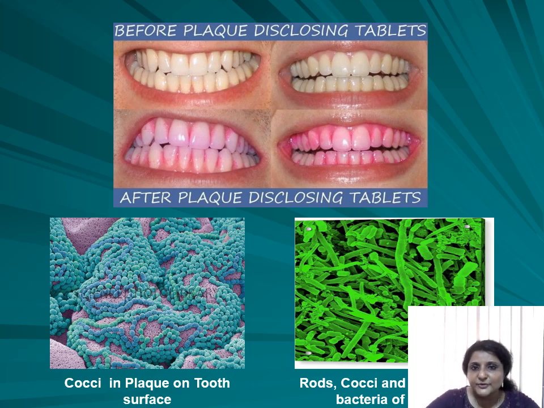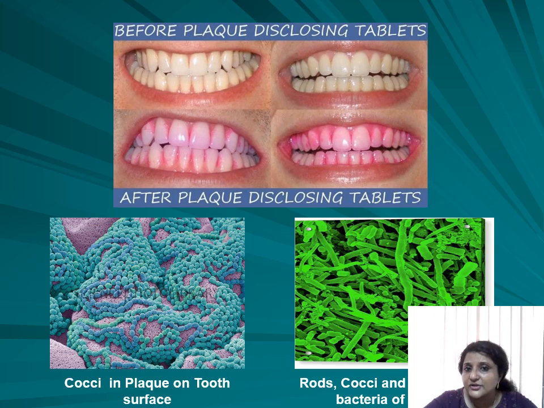So if you see this picture, you can see that there are these two sets of teeth on the upper side. They look perfectly normal. There's nothing on it. But when they are given a disclosing tablet, we can see that the plaque takes up the pink stain.